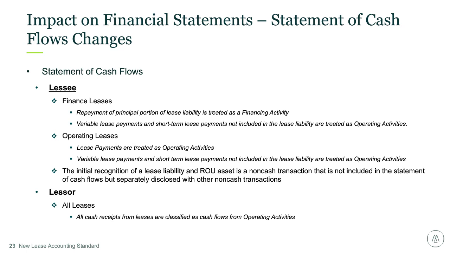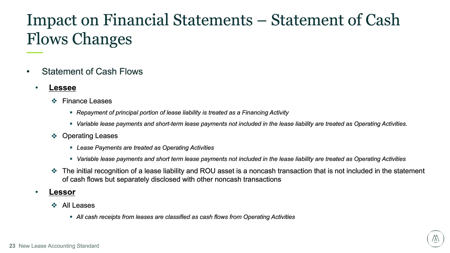Furthermore, the initial recognition of a lease liability and a right-of-use asset for a lessee is considered to be a non-cash transaction that is not included in the statement of cash flows, but this is actually separately disclosed with other non-cash transactions. In regards to the presentation on the statement of cash flows from a lessor perspective, all cash receipts from all leases are going to be classified as operating activities, as I think Daniel mentioned earlier.